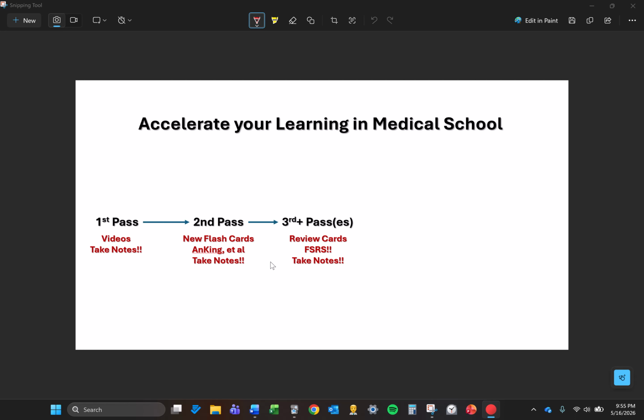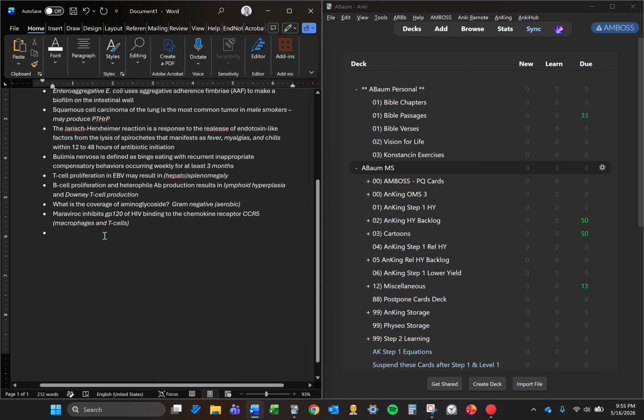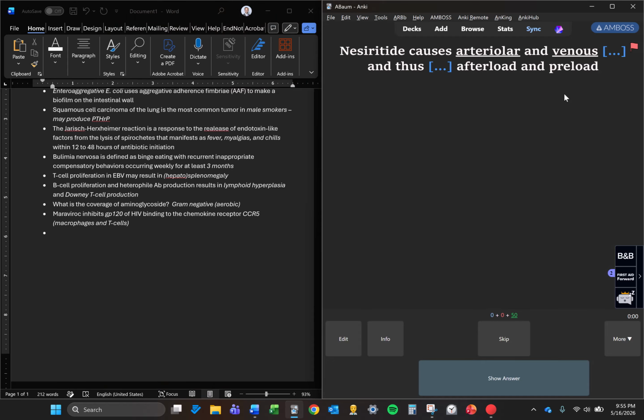But for second and third pass, when you're trying to work through tons of flashcards, writing things up by hand can just not really be as efficient as you need it to be. And so what I like to do is the next best thing, which would be to type things out when I'm doing my flashcards. And I'll just work through a few just to show you exactly what I do.